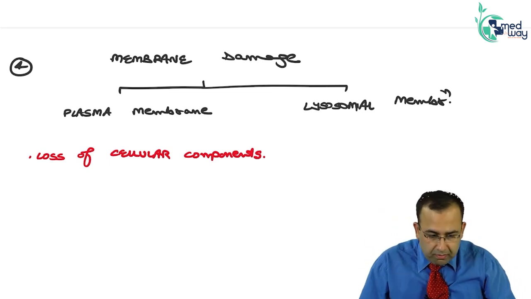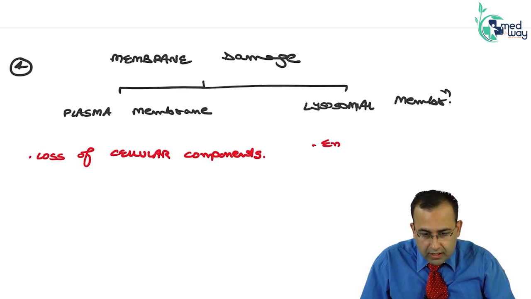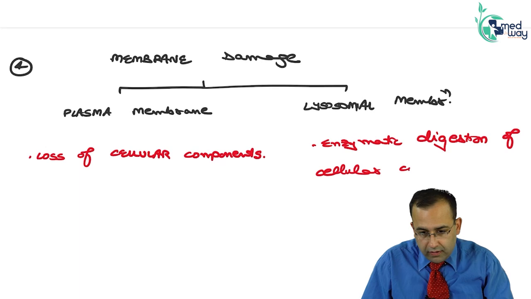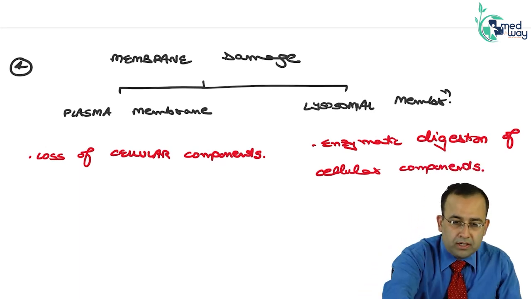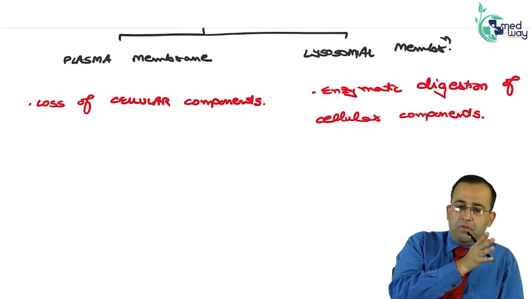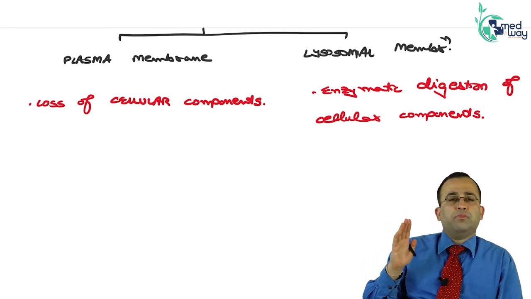So lysosomal membrane damage causes enzymatic digestion of cellular components. So there are two types of membrane damage, plasma membrane versus lysosomal membrane damage.